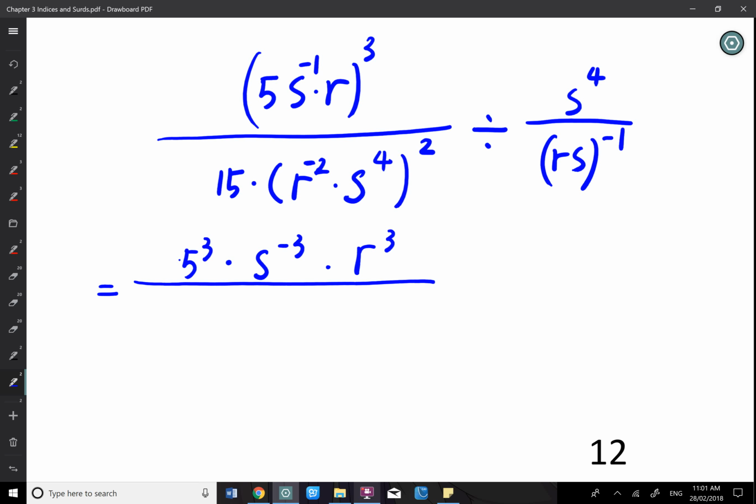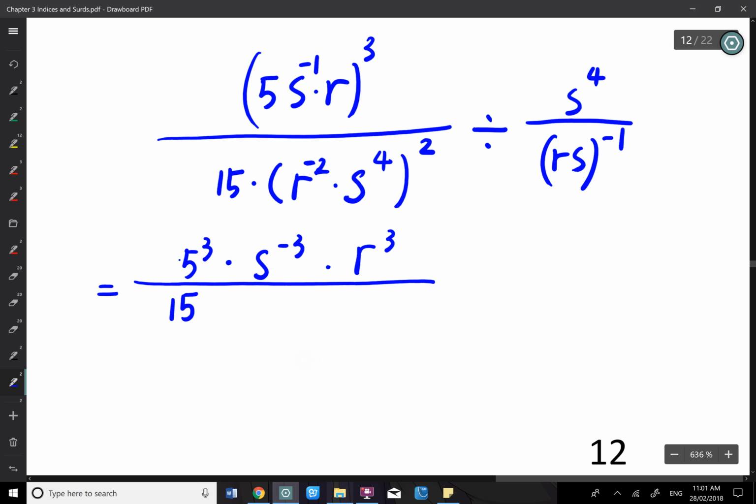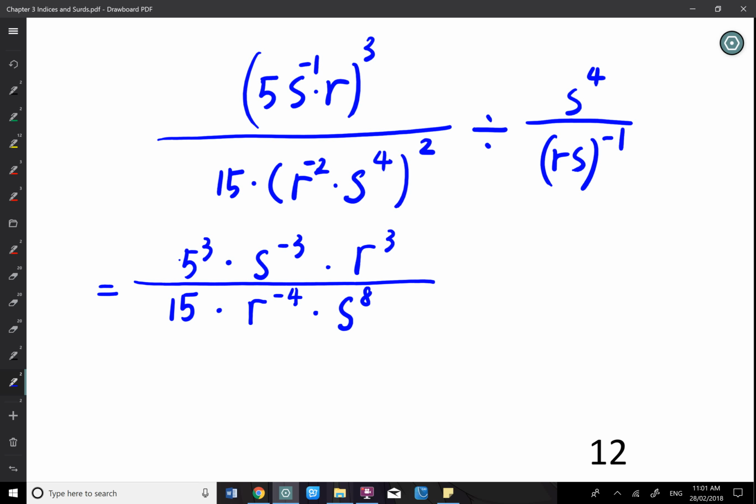If it's not in the bracket, it hasn't been squared. So you just have a 15 here, not 15 squared, times r to the power of negative 4, times s to the power of 8. You multiply all the powers together. Just write it clear first, don't worry about anything else. Just expand it, write it clear.